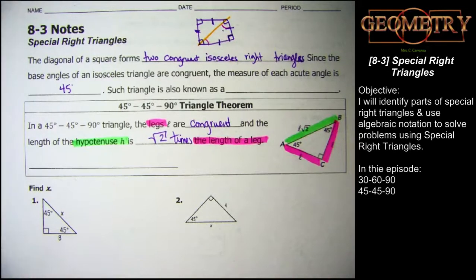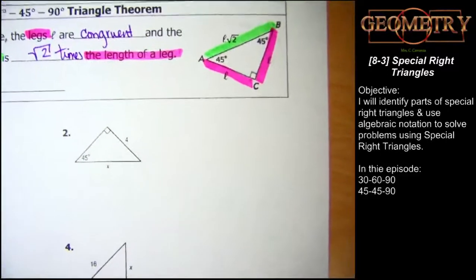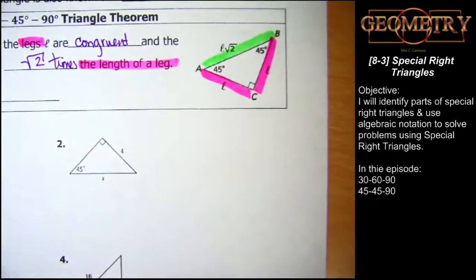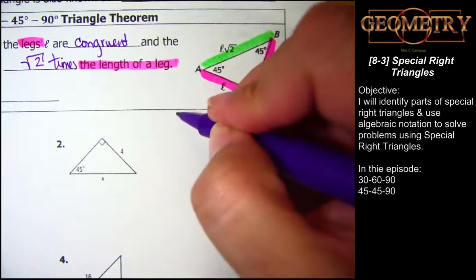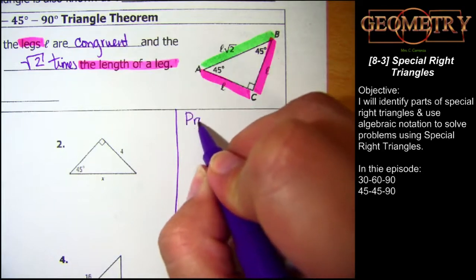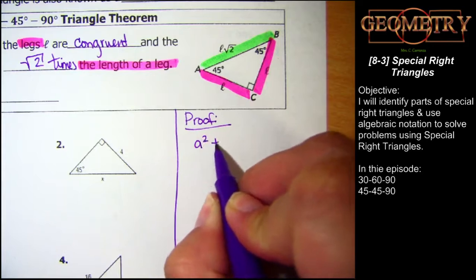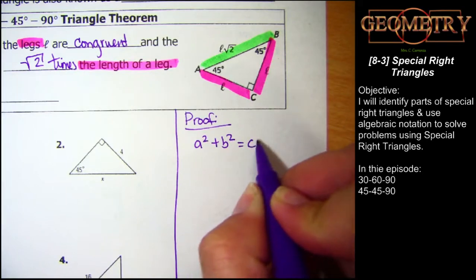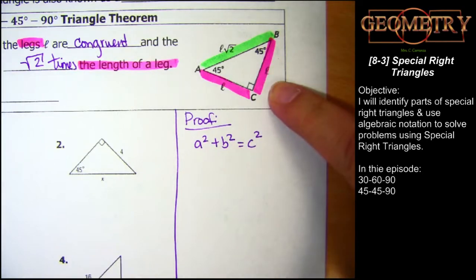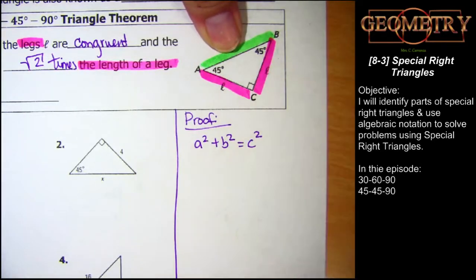Okay? Let me prove it to you. Let's go into the Pythagorean theorem, and let's prove that the hypotenuse really does do that. That way we can get a feel for this, and then we'll do our shortcuts, and it'll be easy. All right, here's our proof. We're going to start off with a squared plus b squared equals c squared. I'm going to use this triangle here, but for a moment, I'm going to pretend that I have no idea what the hypotenuse value is.